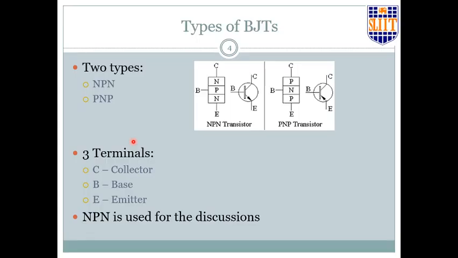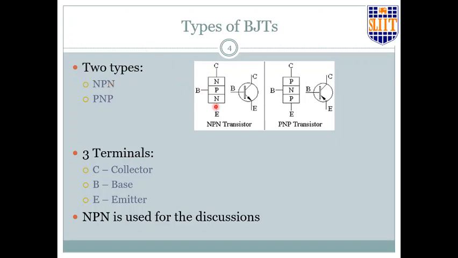And as I already said, bipolar, so you can see that there are two types of transistors. Now when you think of two PN junctions in opposite directions, the center layer can be either P or N. And for the two PN junctions to be in opposite direction, you need to have the opposite type of layer at the ends.